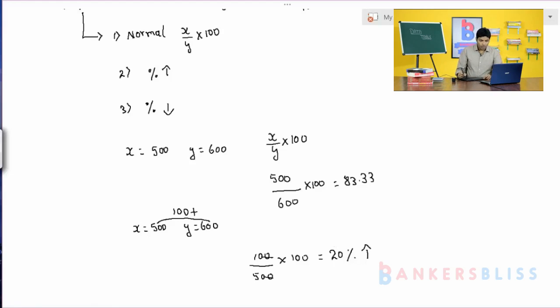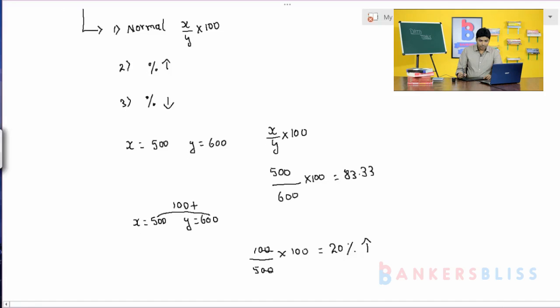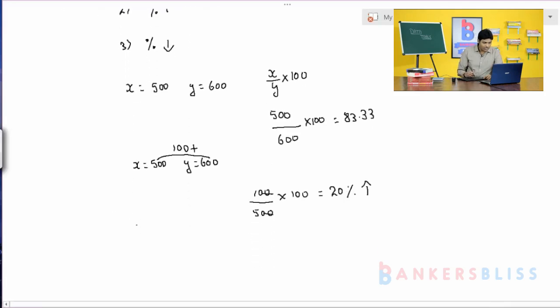Next, percentage decrease. Consider y is equal to 600 and x is equal to 500. With respect to y, how much percentage is x decreased? So with respect to y you have to calculate.